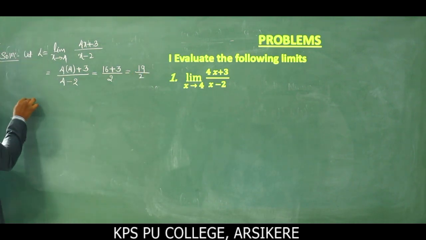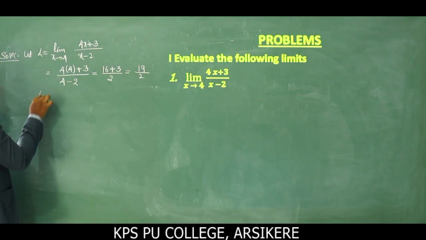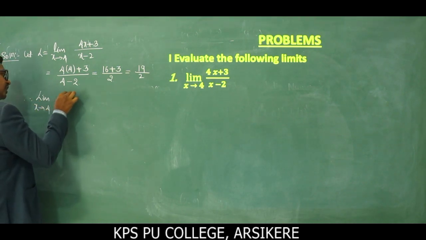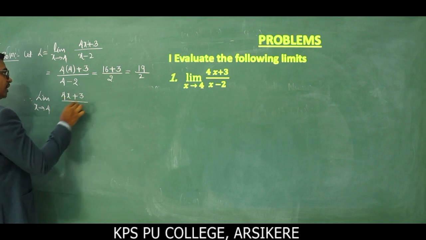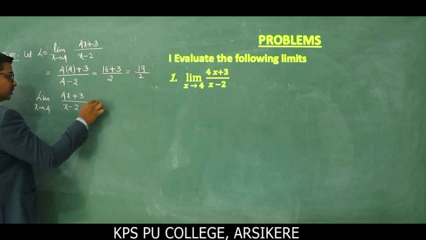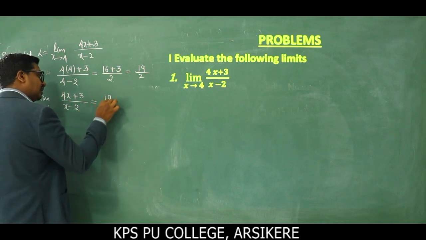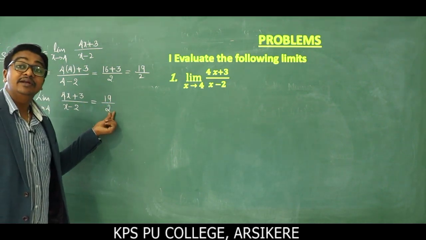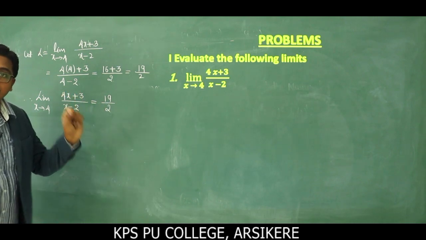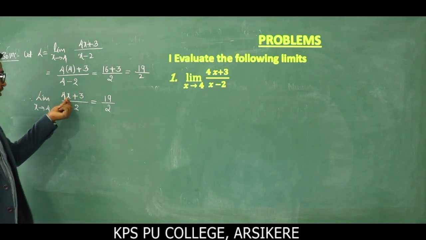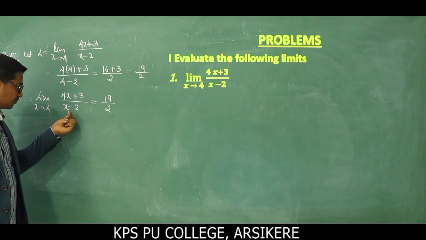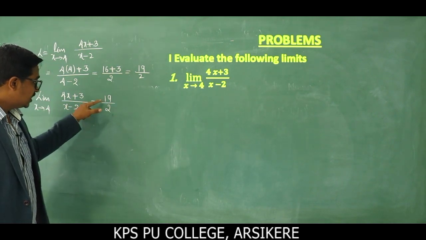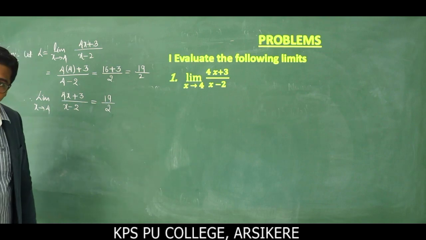Therefore, limit as x approaches 4 of the function (4x plus 3) divided by (x minus 2) is equal to 19 divided by 2. Understood, children? This is called limiting value. Therefore the limiting value of the function (4x plus 3) divided by (x minus 2) when x approaches 4 is 19 divided by 2.